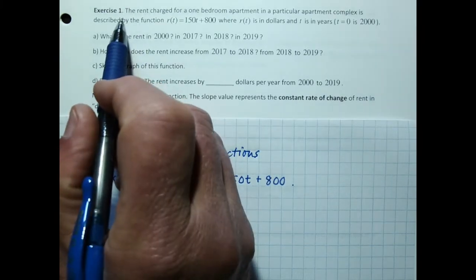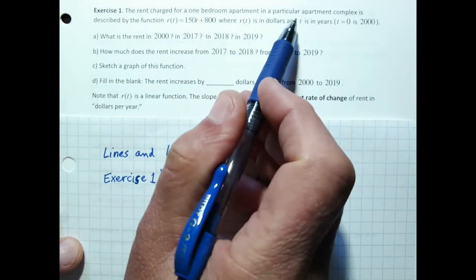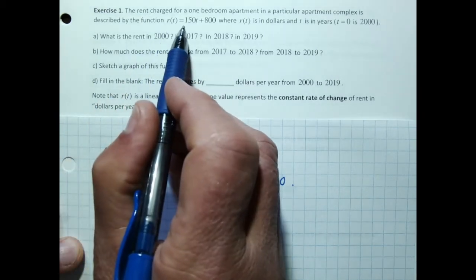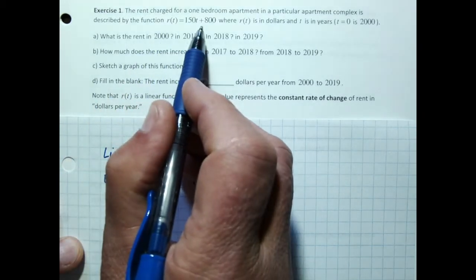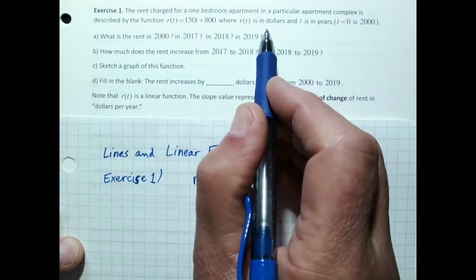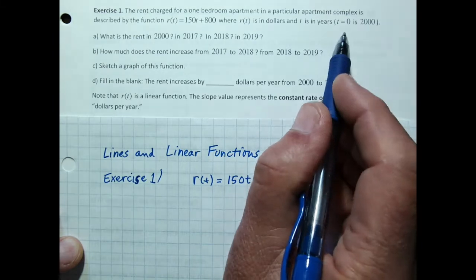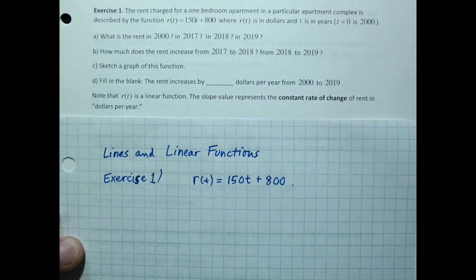Number 1, the rent charged for a one-bedroom apartment in a particular apartment complex is described by the function r of t equals 150t plus 800, where r of t is in dollars and t is in years. T equals 0 is 2,000.